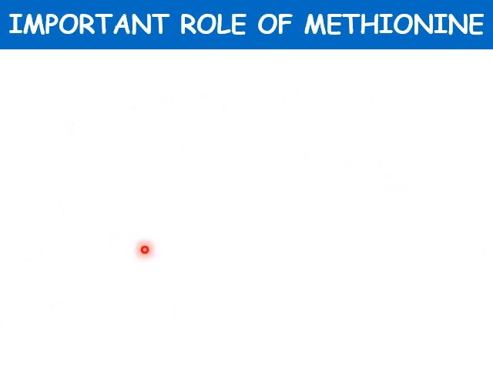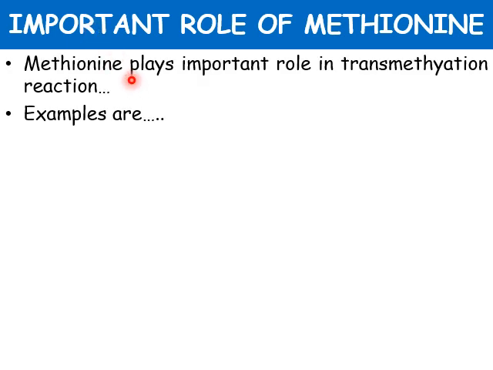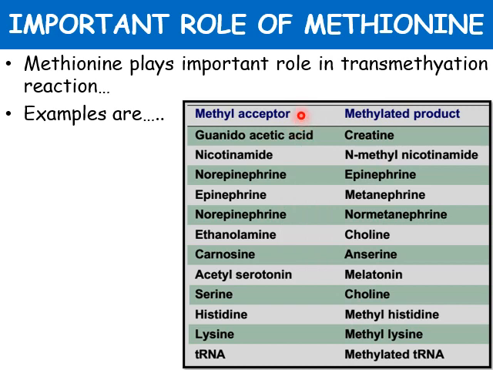Now we'll see the various important roles of methionine. As I told you, methionine is activated in the form of S-adenosyl methionine, and then it plays an important role in transmethylation reactions. It becomes a methyl donor. There are a few important products synthesized with the help of transmethylation reactions from methionine, like creatine, N-methylbutyramide, epinephrine, metanephrine, normetanephrine, choline, anserine, melatonin.